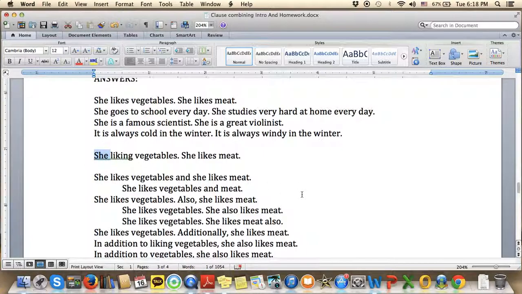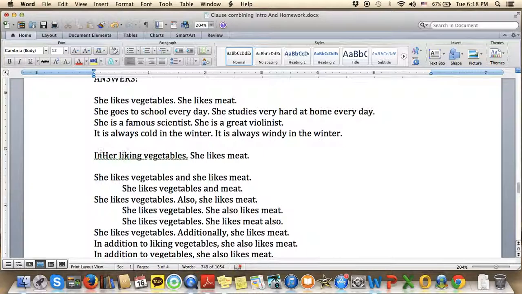So change it into her, or let's see here, do we have any other possibilities for this one? Not really, because we don't know who she is. This right here then, her liking vegetables, would be the phrase form, except we need something else to add to it. We can't say additionally, I can't say also. I have to use something that has a preposition.